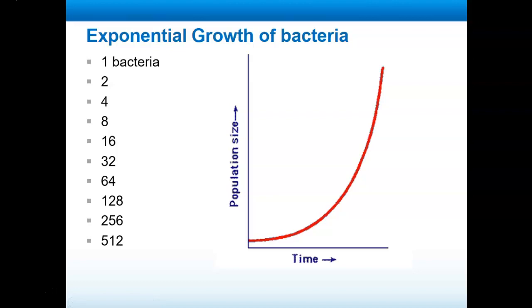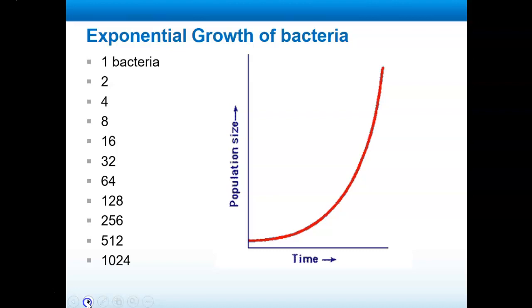And that's what happens with exponential growth. Okay, so you don't have to write these numbers down. We just want you really familiar with this shape. Sometimes it's called a J curve because it kind of looks like a capital letter J with that curve and then the straight part on the right side. All right. So that's exponential growth.